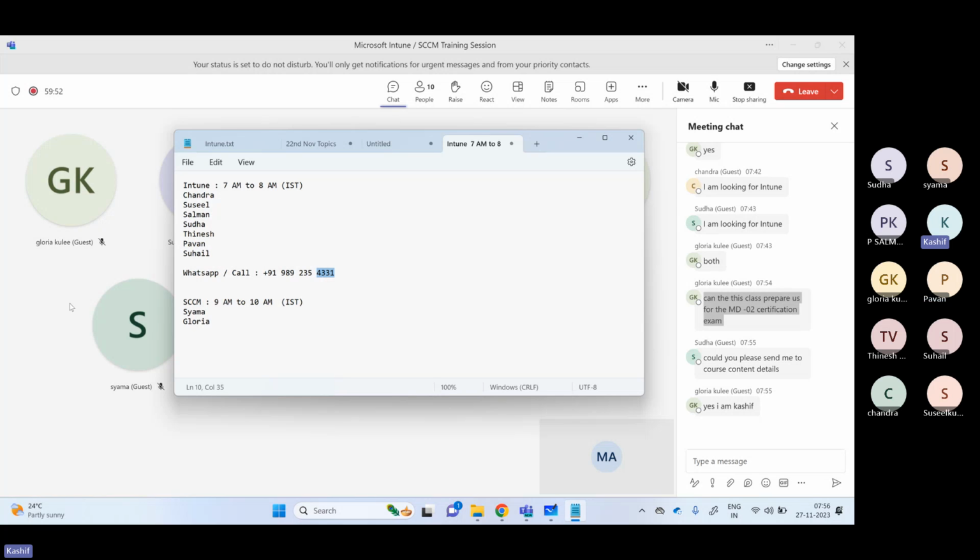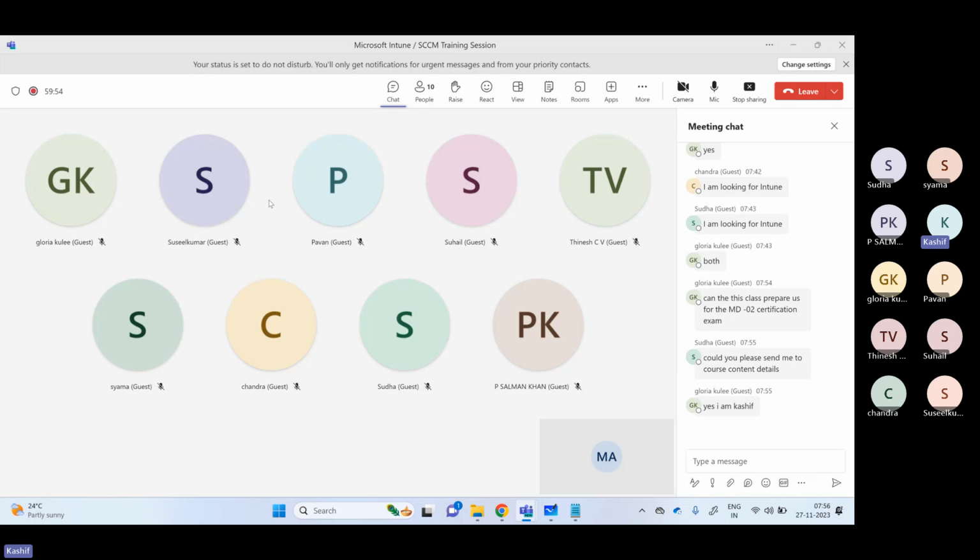What is the market in the US for Intune? You are in the US right now. Yeah, it is good, Kashif. As you said, with minimal experience, it is $45 per hour. Compared with SCCM, does SCCM or Intune have more vacancies?